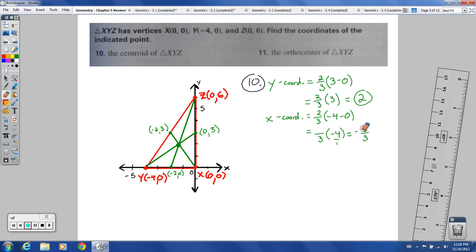And so this one I should change. I want to figure out what's just 1/3 of this. Let me try to re-explain that just a second here. So this being the y coordinate, this is going to be correct. You can kind of eyeball it here, and this one's pretty easy to see that it's 2. But remember, it's just the 2/3 of this. So it's kind of like the 2/3 of 0 to 3 gives me that y coordinate right there. It's 2/3 of the way up, and then 2/3 of the way over this way, or 1/3 of the way over this way, gives me this x coordinate here.